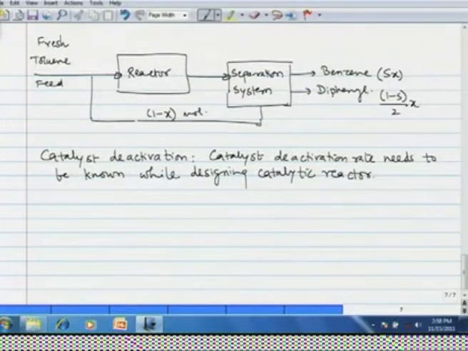If the catalyst deactivation rate is not known, then that is an uncertainty in the process design.